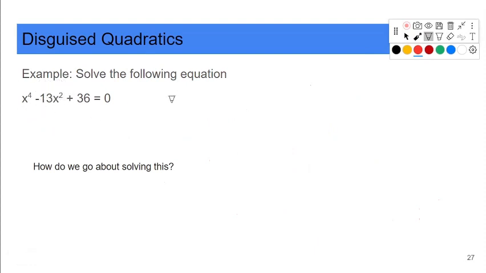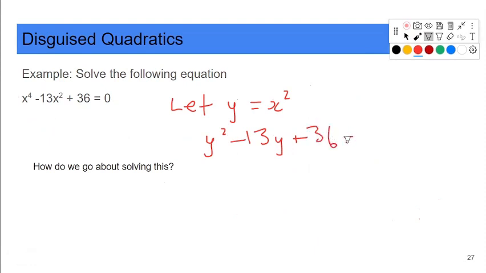You can say let y equal x squared and then substitute. So that'd be y squared minus 13y plus 36 equals 0.